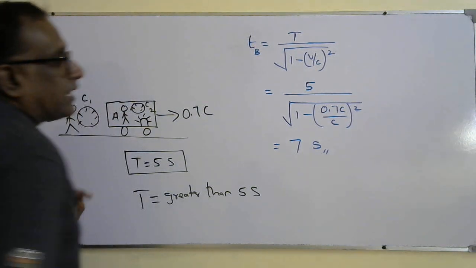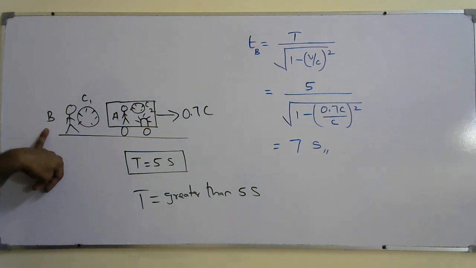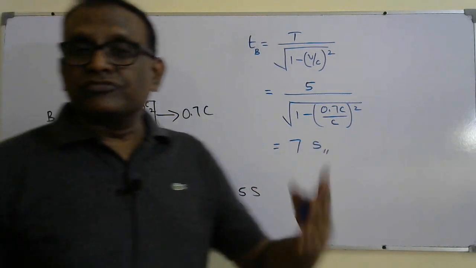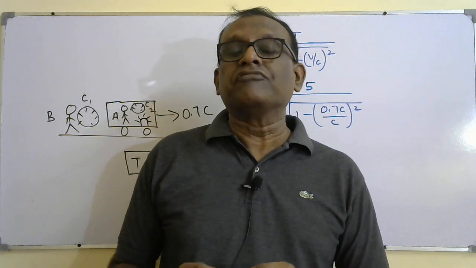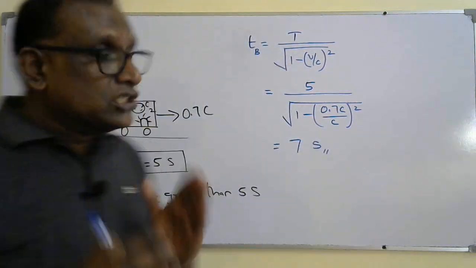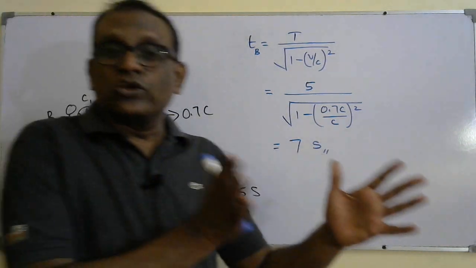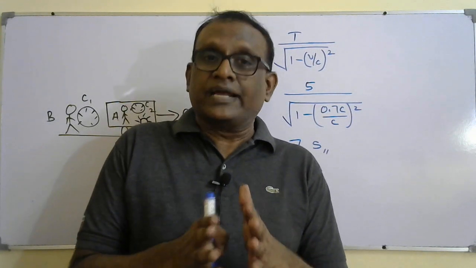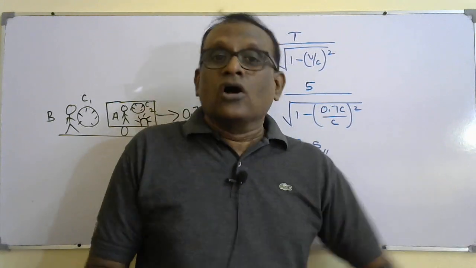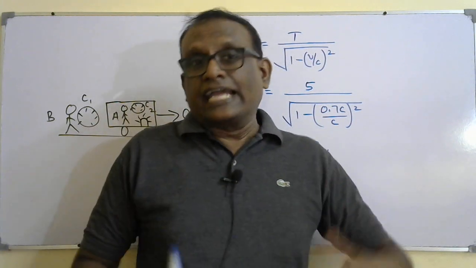So according to the frame of reference of B, the time interval of emission of pulses of light happens every 7 seconds, not 5 seconds. That means the event is slowing down. The time taken for the event is getting longer, or there is time dilation.